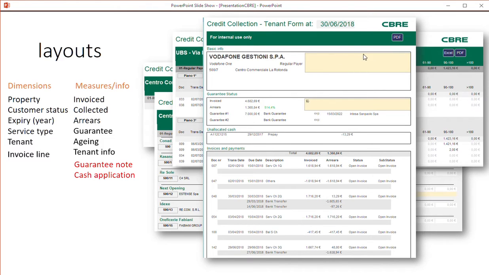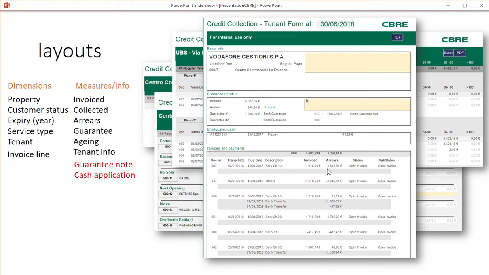Also, in yellow, with a yellow background, the notes that the user types to store information about this tenant. Then we have unallocated cash, so payments that the tenant has made that have not been properly allocated to an invoice.